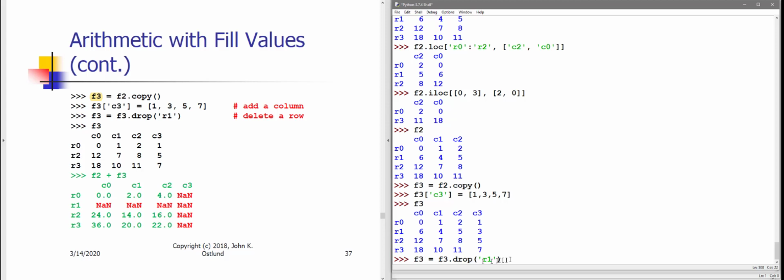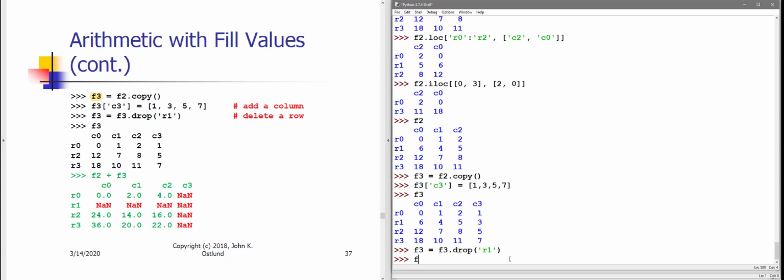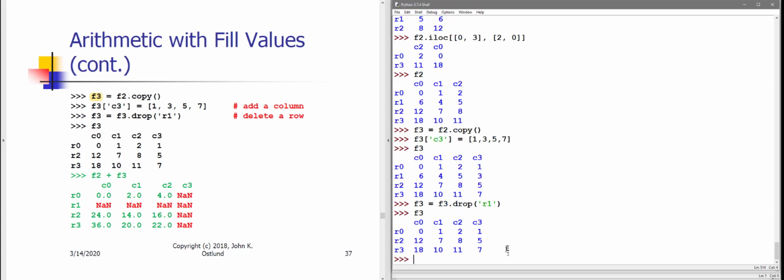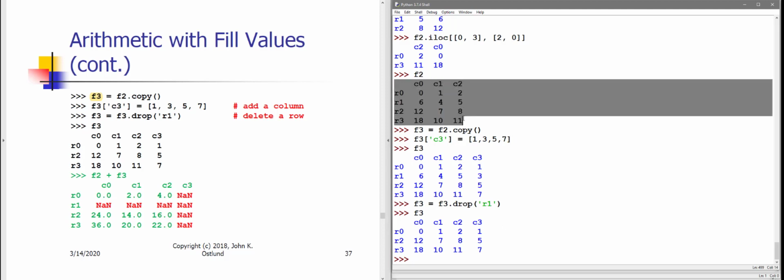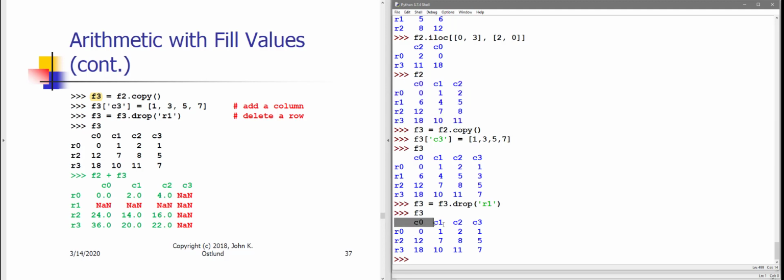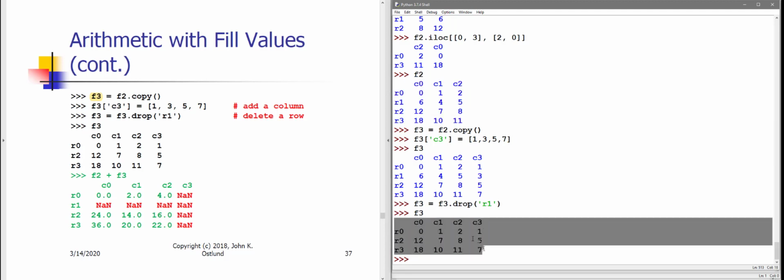So I have to assign that back to F3 in order for F3 to be changed. Good, so now I've got F2 that has 4 rows and 3 columns, and I have F3 that has 3 rows and 4 columns, and there is some commonality, but there's also obviously some important differences.